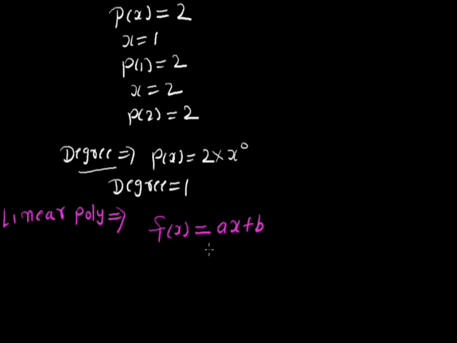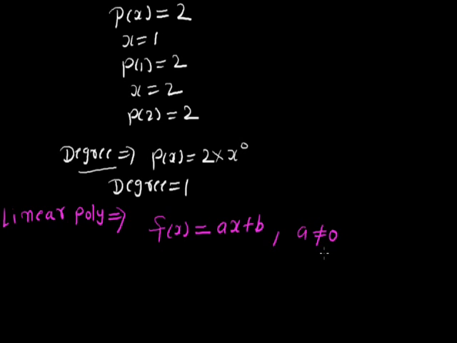This is our linear polynomial, but still there is some term missing. We have to apply one more condition for this expression to be a linear polynomial: a should not be equal to 0.